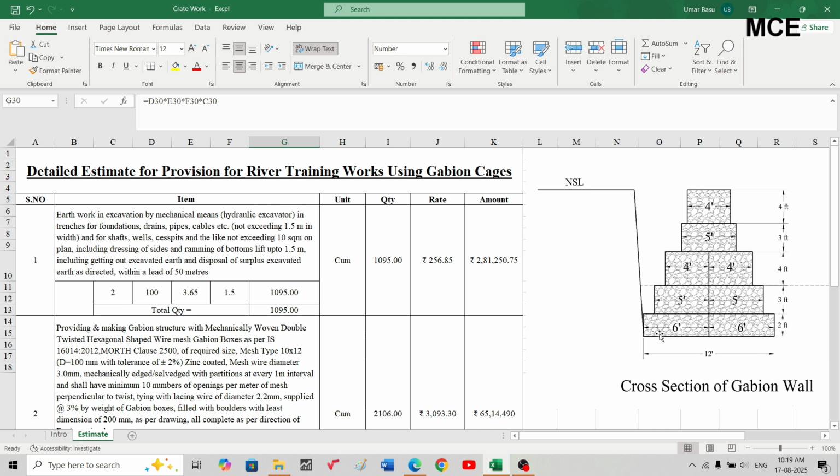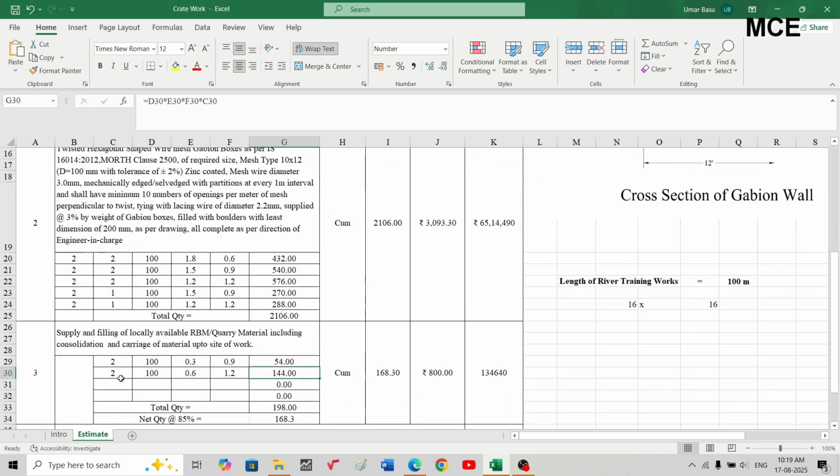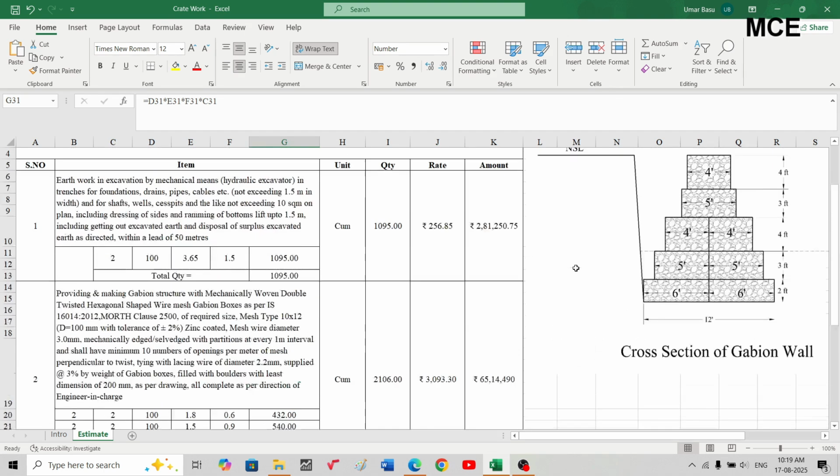We will take the width as 4 feet and depth is equal to 3 feet. So 2 into 100, 4 feet is 1.2, and depth 3 feet, which is 0.9 meters. So it's 216 cubic meters.